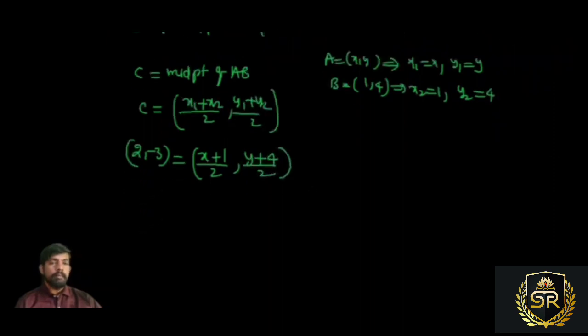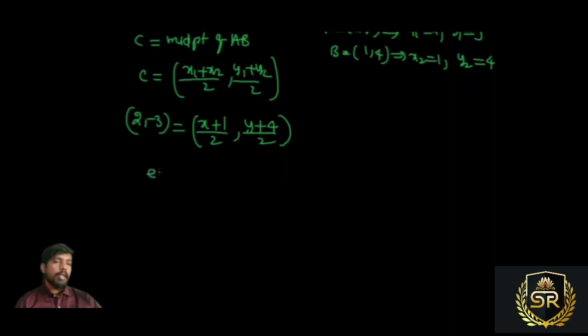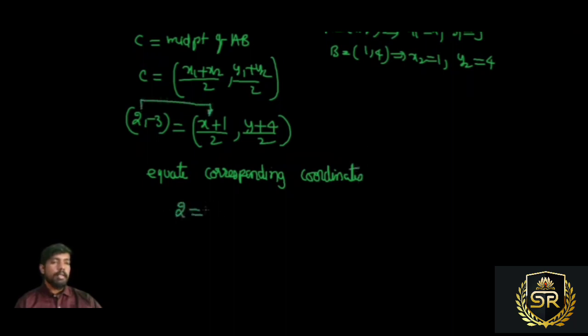Now equate the corresponding coordinates. For x, 2 is equal to x plus 1 by 2, and for y, minus 3 is equal to y plus 4 by 2.